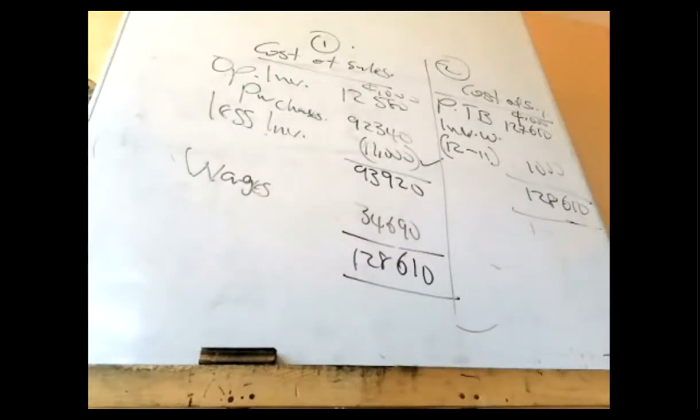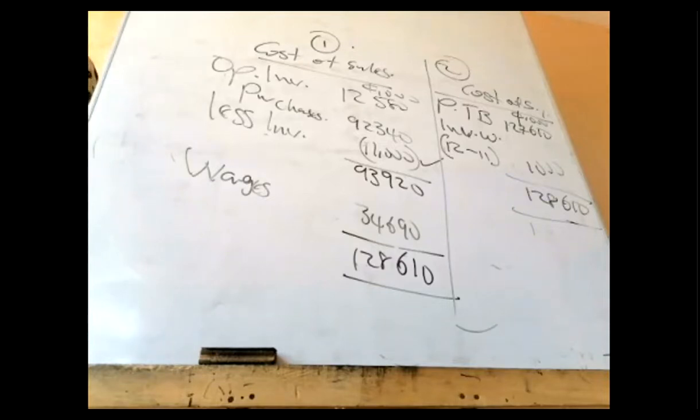That is all. This is called disclosure, what we must disclose in the footnote. So that's the note to the accounts, and that's the end of IAS 2.